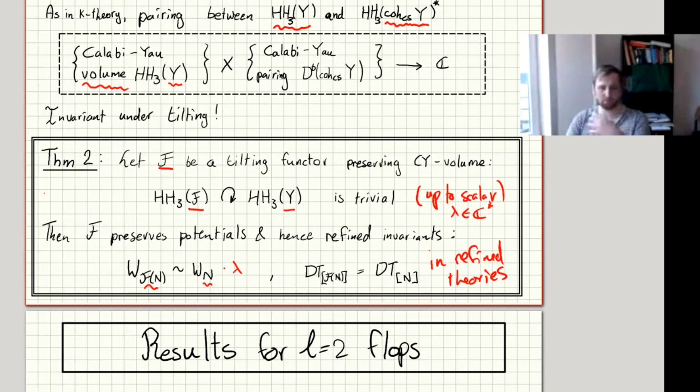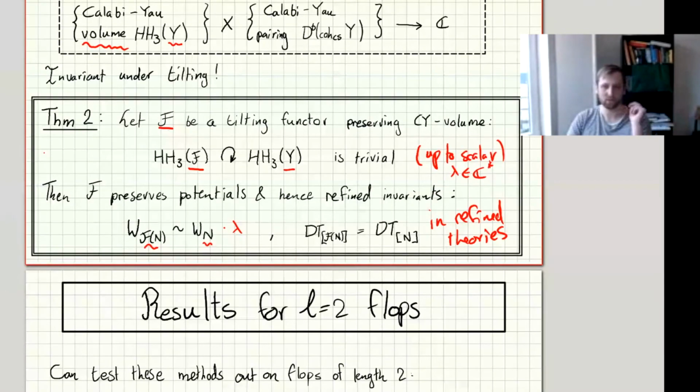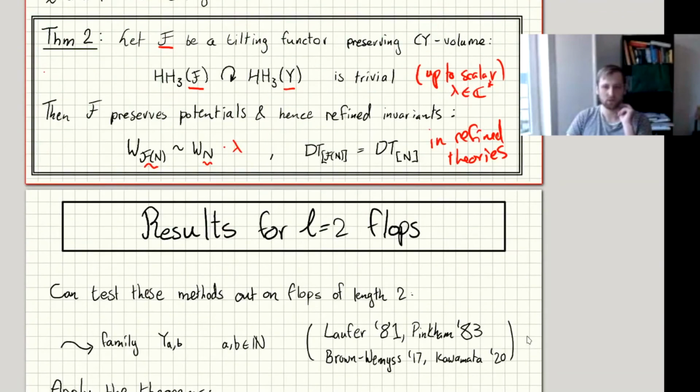So let's see what happens once we go to length 2. Right. So we have a whole host of examples. We don't quite know if it's exhaustive. First were constructed by Laufer in the 80s and some by Pinkham, then recently by Brown-Weems and by Kawamata this year.